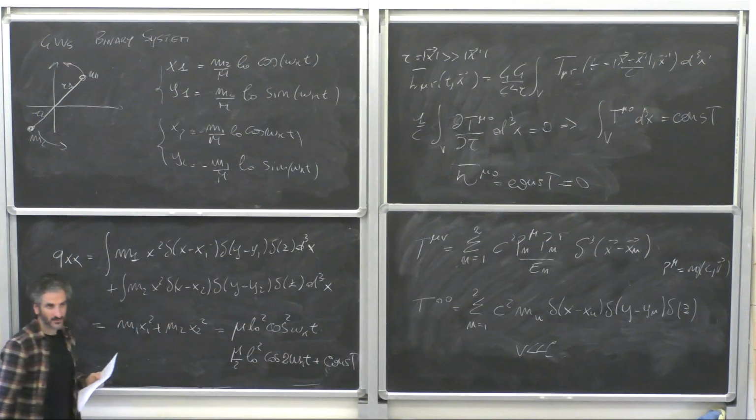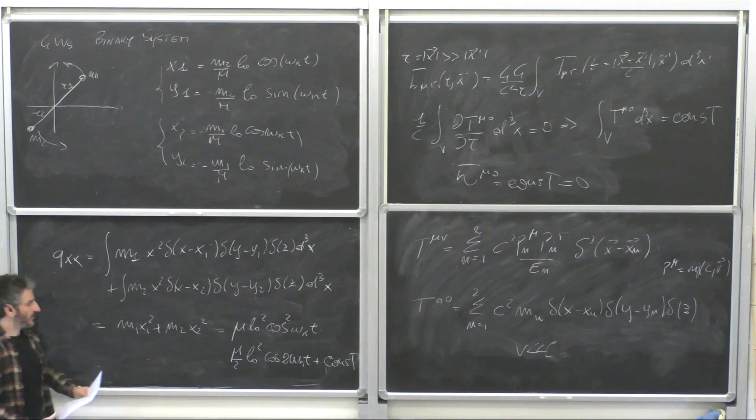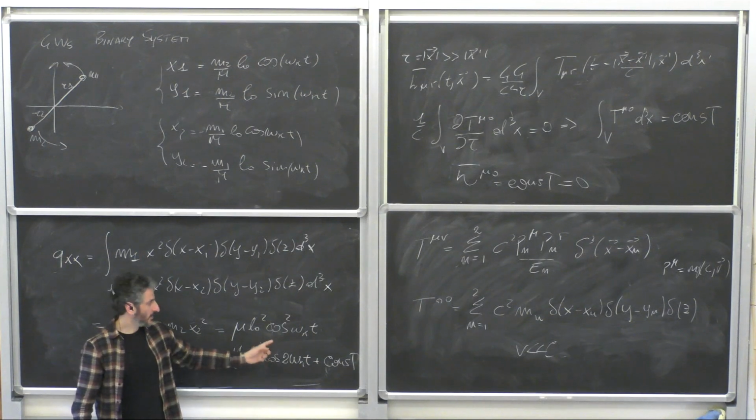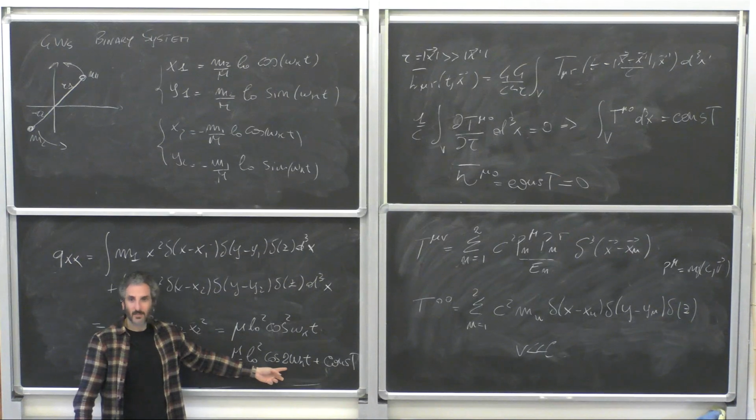I'll use the duplication formula of the cosine to write this cos squared as cos of twice the orbital frequency, plus there is a constant term.